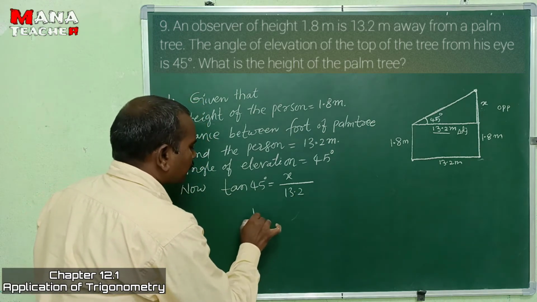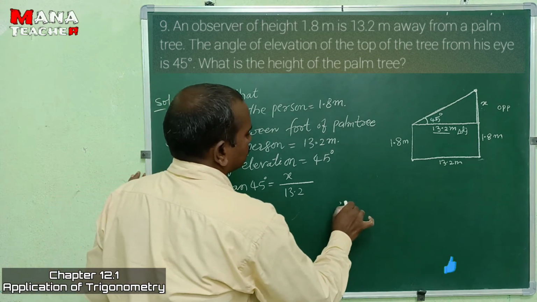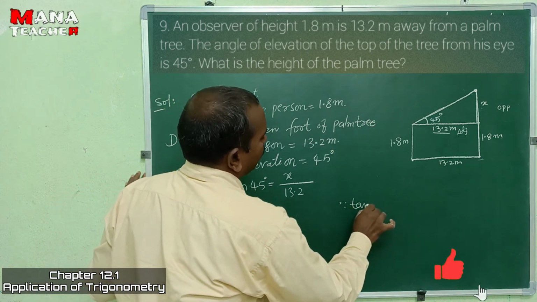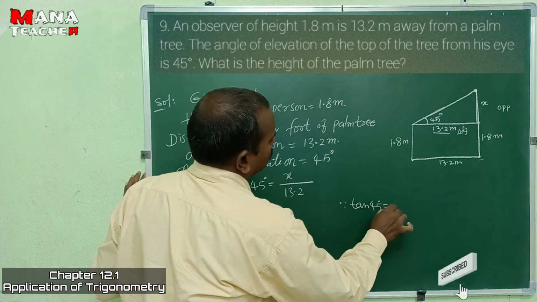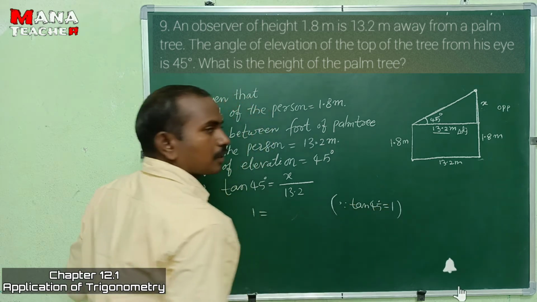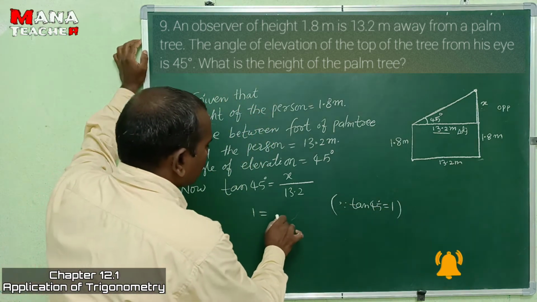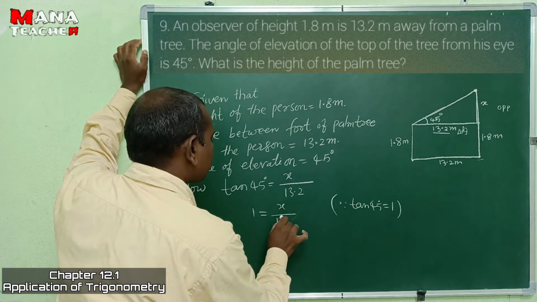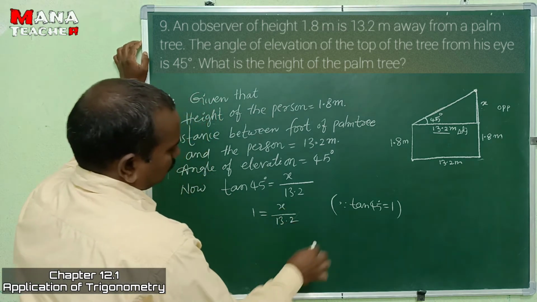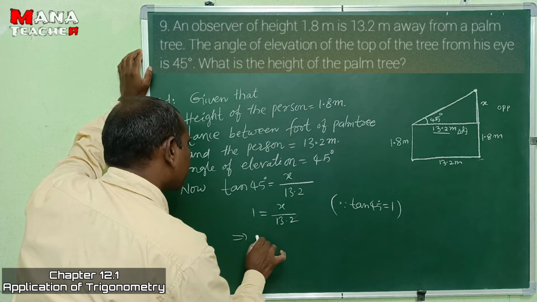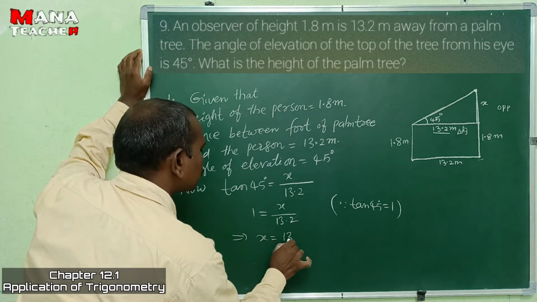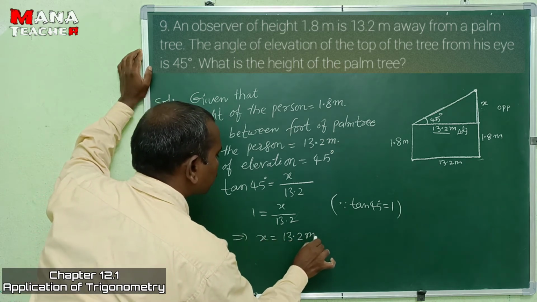Now tan 45 equals 1. Here tan 45 degrees equals 1. Now x by 13.2 equals 1. From this, x equals 13.2 meters.